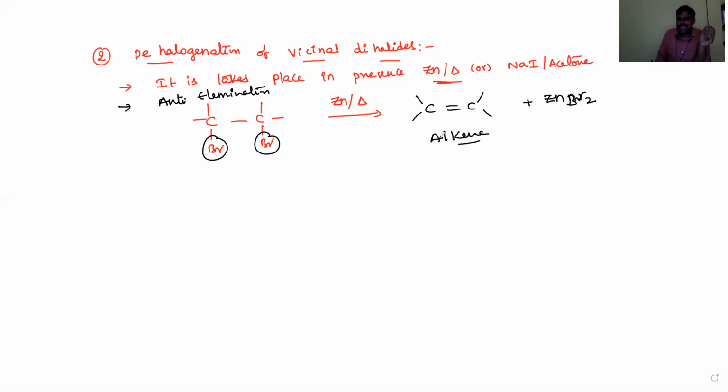Here the important thing is that stereochemistry is also very, very important, dear students. For example, CH3, here both the bromine atoms are on the same side, then it is called a meso compound.